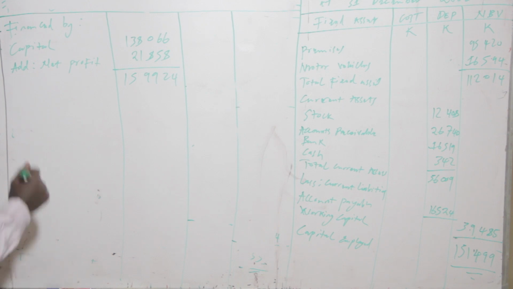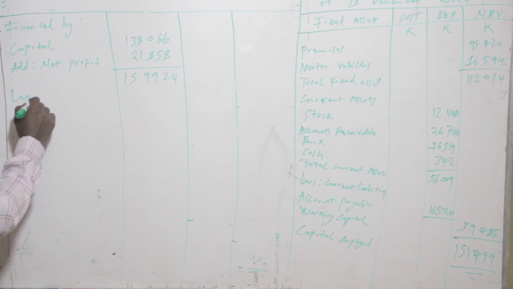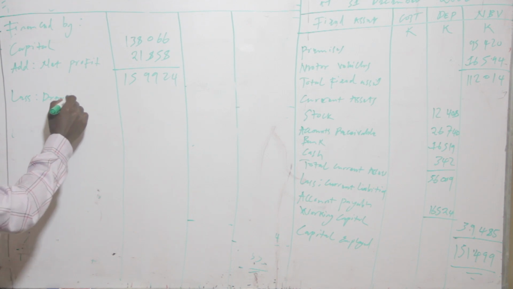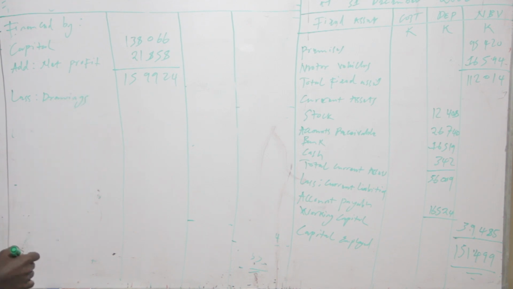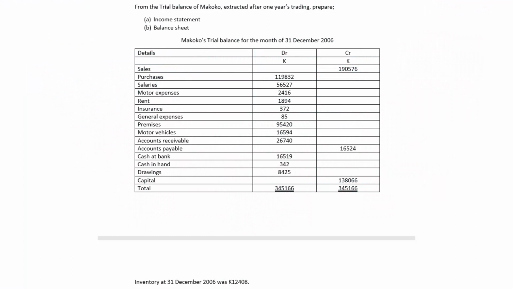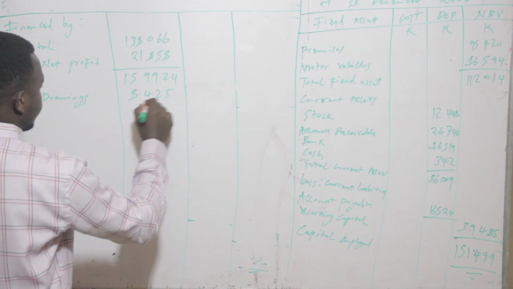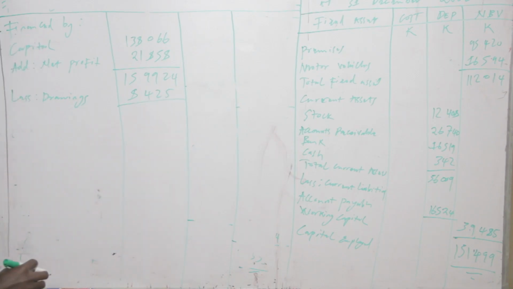And since we have drawings, we're going to say less drawings. The amount of drawings that we are having is 8,425. And we are going to find the difference there.